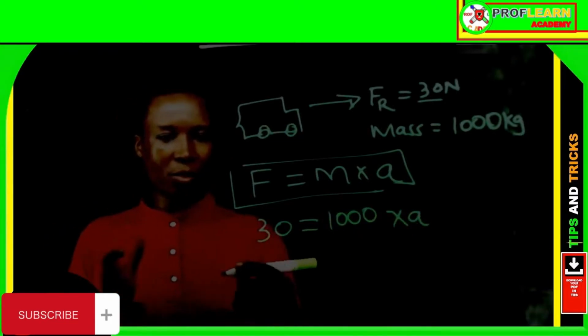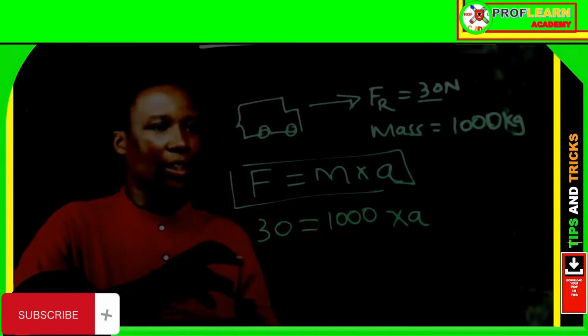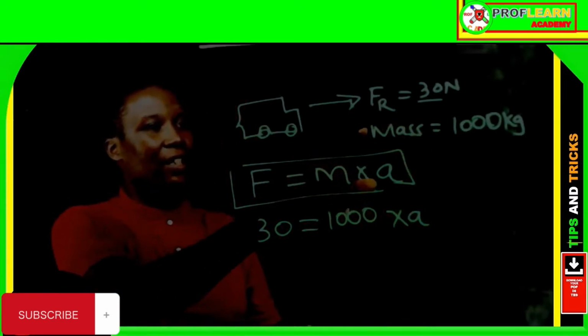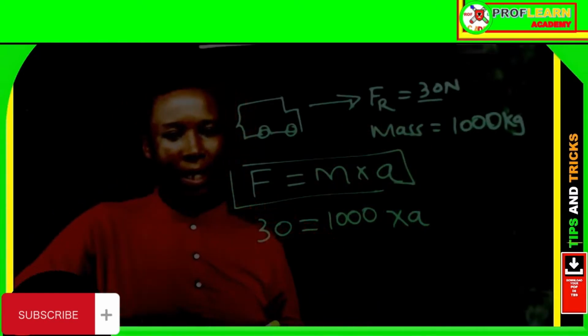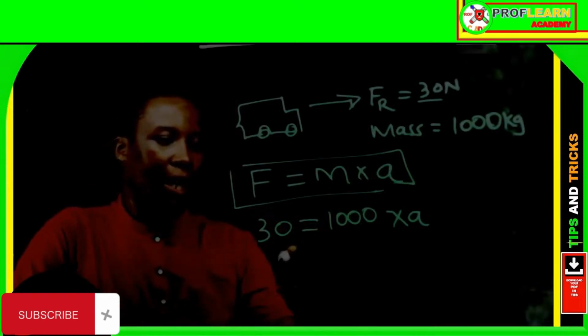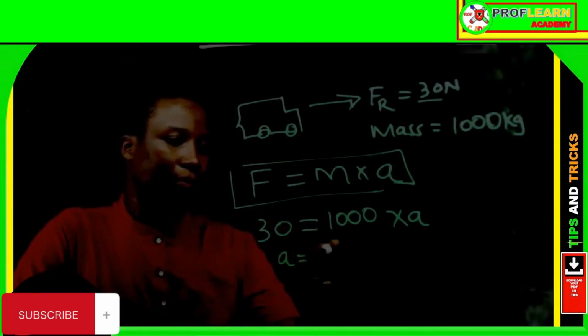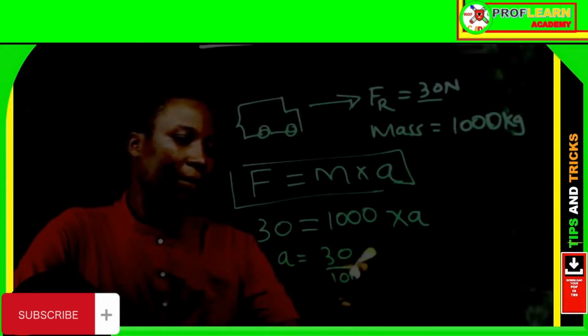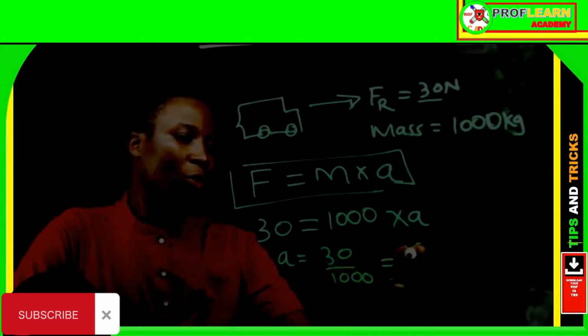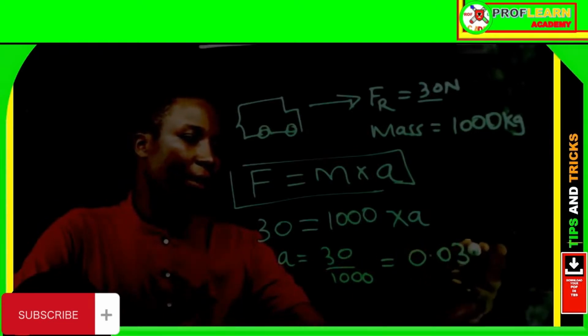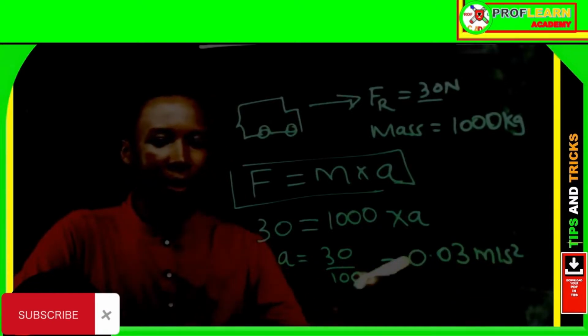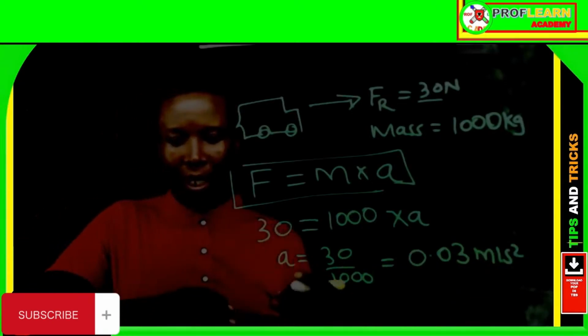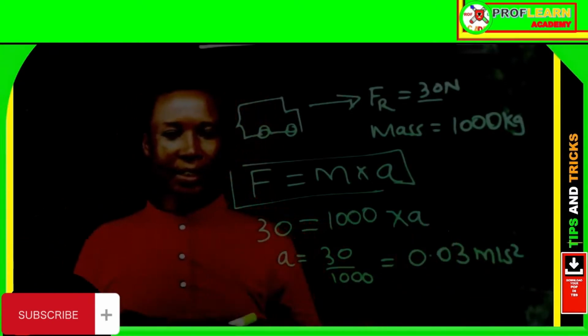So at which rate would this car be accelerating when a resultant force of 30 Newton has been applied? So our acceleration will be 30 divided by 1000, and this is going to be 0.03 meters per second squared. So the car is going to accelerate forward at that rate.